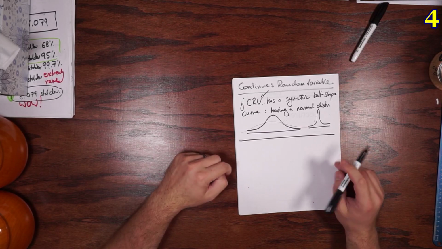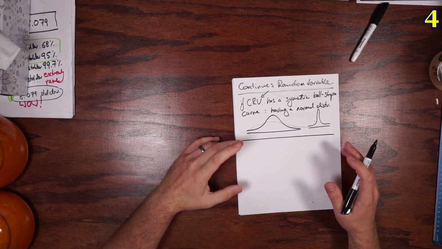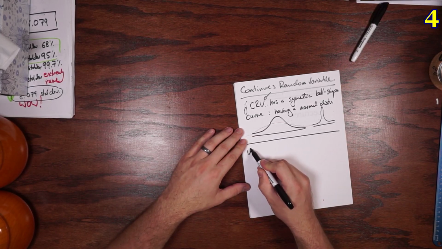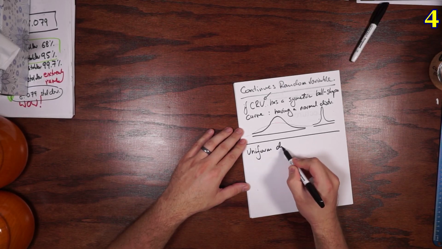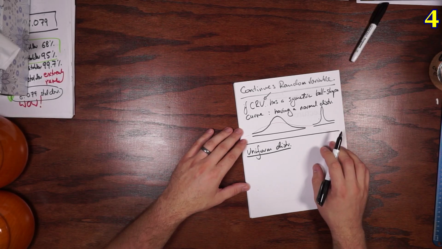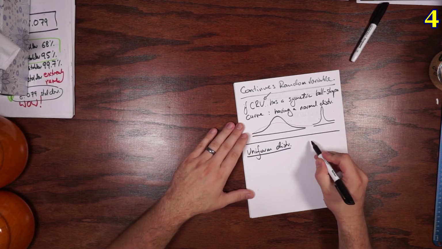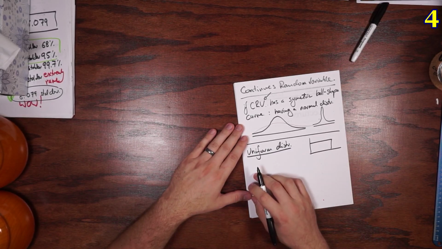But before we start talking about this, let's talk about the most basic of the distributions we can encounter, and that's the uniform distribution. A uniform distribution looks something like that. And what does this mean?